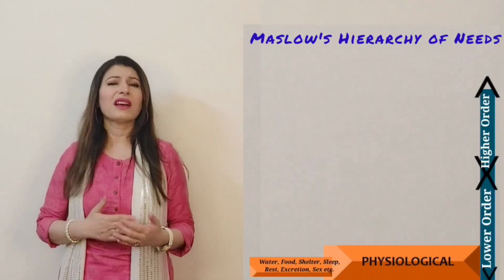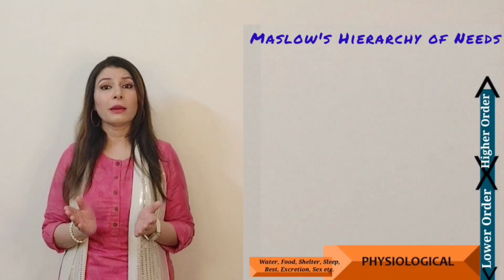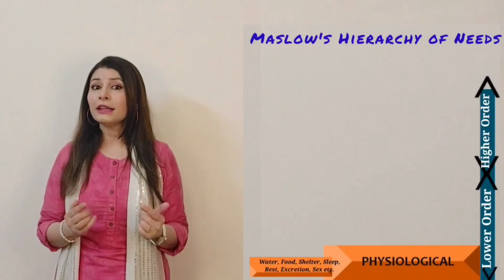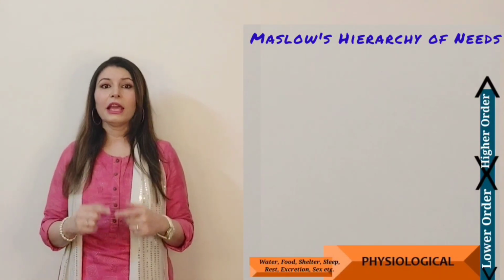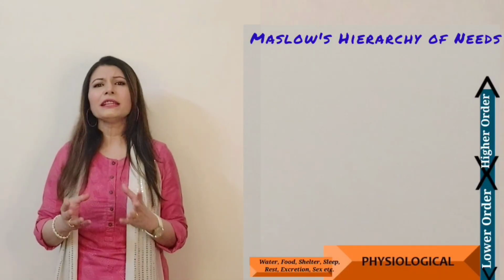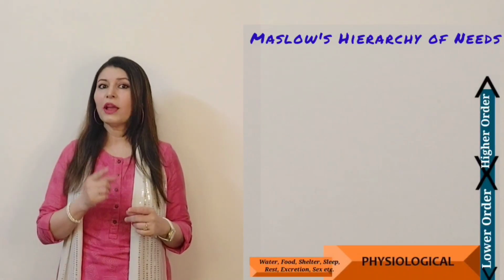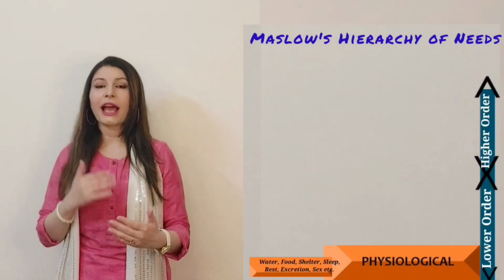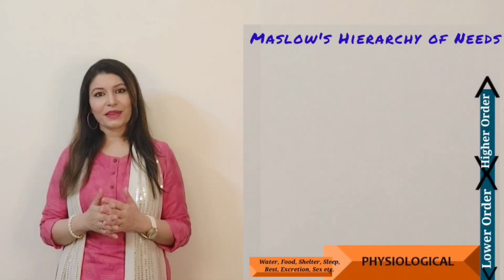If a person is hungry or thirsty, they will not be able to think about anything else until they arrange for food and water. Similarly, if a person has very little money, their first priority would be to ensure they have enough to eat and drink before thinking about anything else.